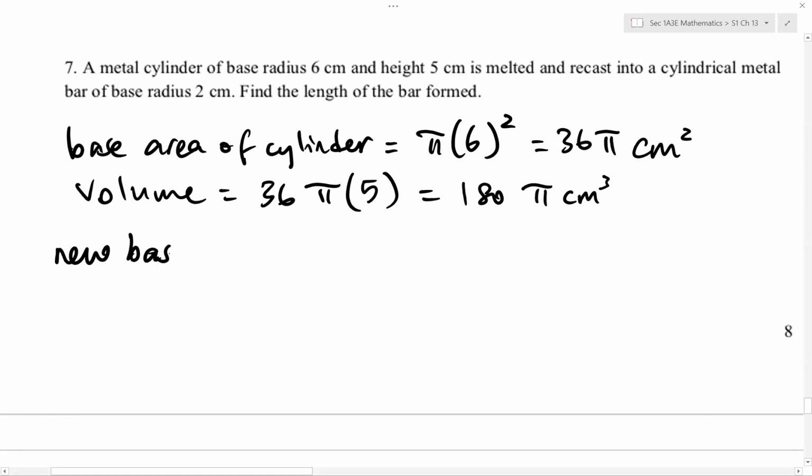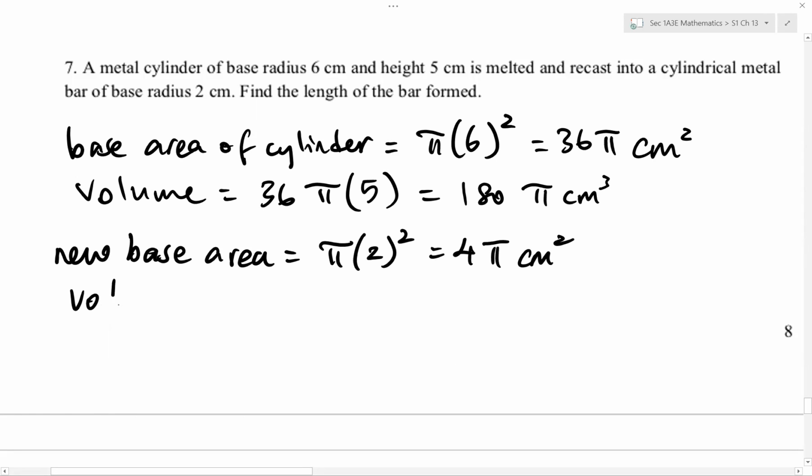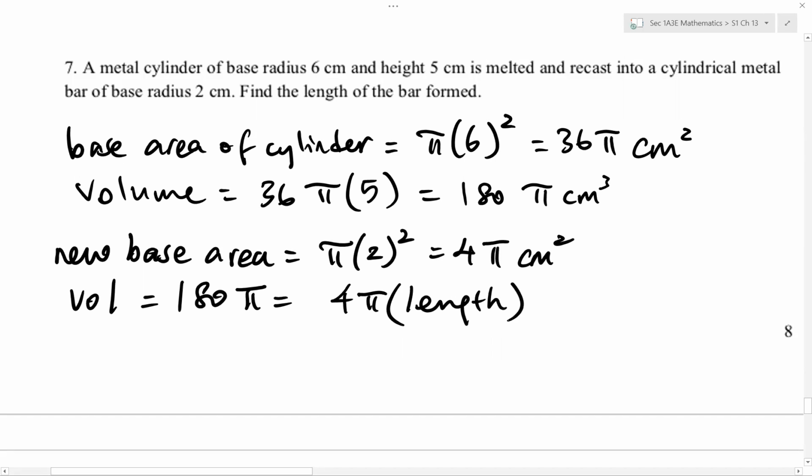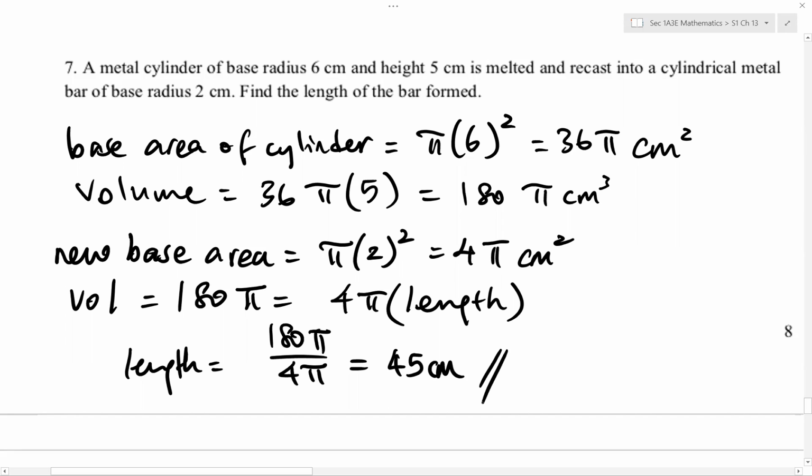New base area pi r square. Length of bar, volume, which didn't change, 4 pi times the length. Okay, thank you, Glenn.